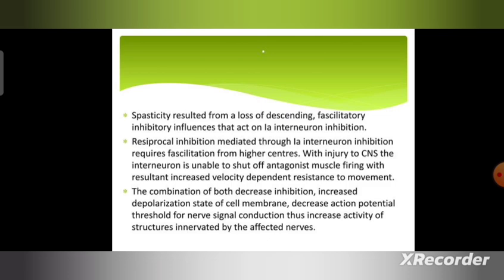With injury to the CNS, the interneuron is unable to shut off antagonist muscle firing, with resultant increased velocity-dependent resistance to movement. The combination of decreased inhibition, increased depolarization state of the cell membrane, and decreased action potential threshold from nerve signal conduction thus increases activity of structures innervated by the affected nerves.